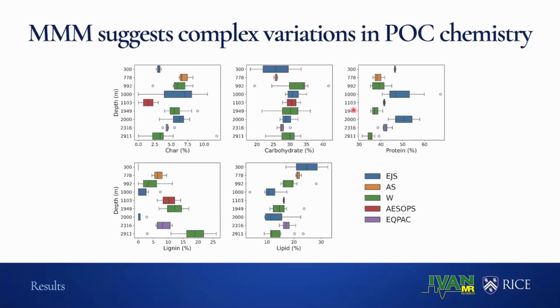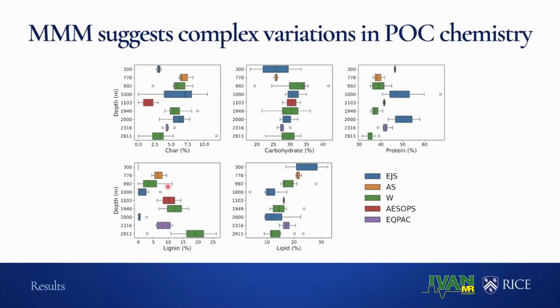The molecular mixing modeling results suggest a complex variation in POC chemical composition, possibly driven by multiple different mechanisms. The x-axis shows the relative abundance of each biochemical class to the total carbon in POC, and the y-axis is the water depth.